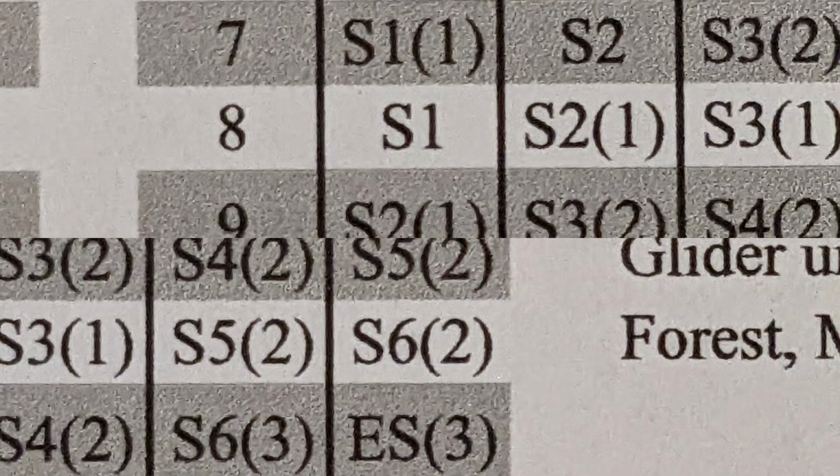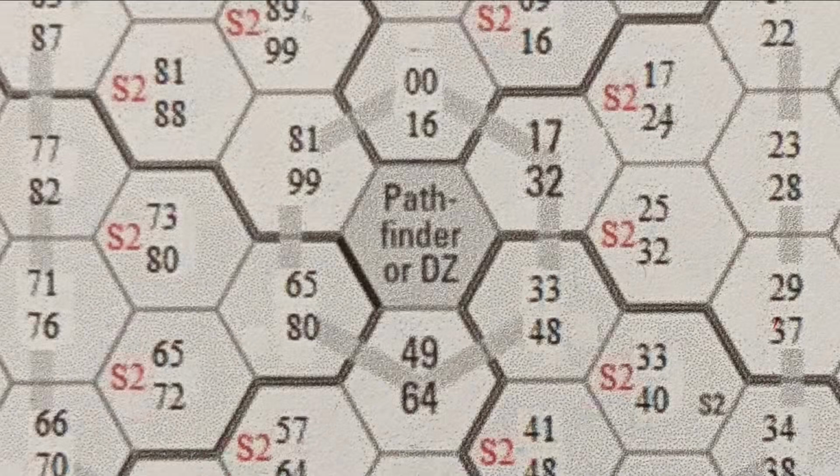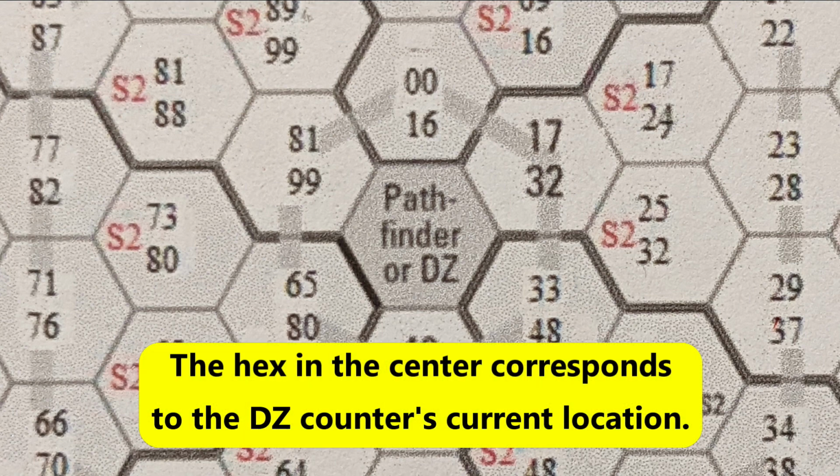Now, going back to the unit scatter table, a result of S1 to S6 indicates that the unit scatters from 1 to 6 hexes away from its drop zone counter. Go to the scatter diagram. The hex in the center corresponds to the drop zone counter's current location.